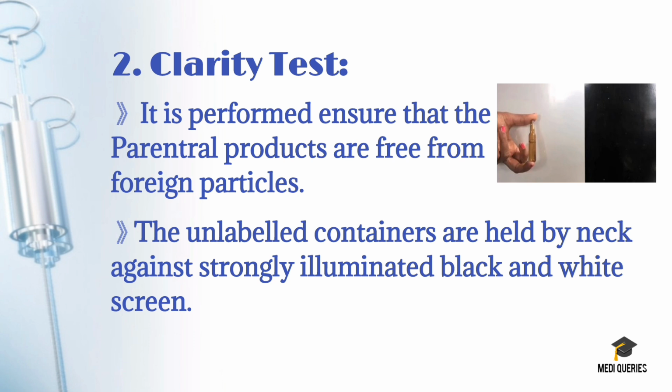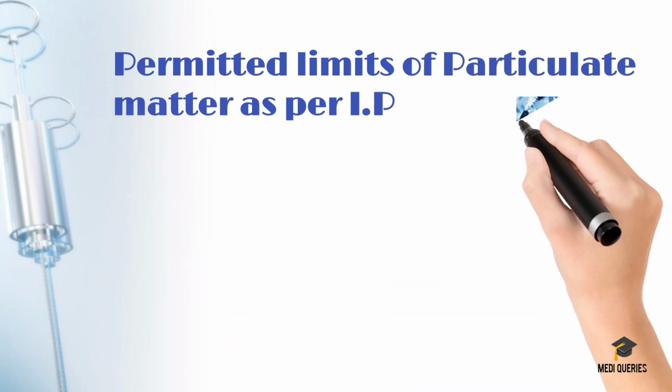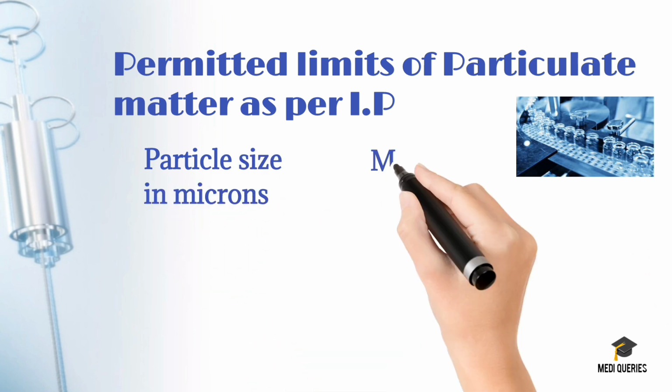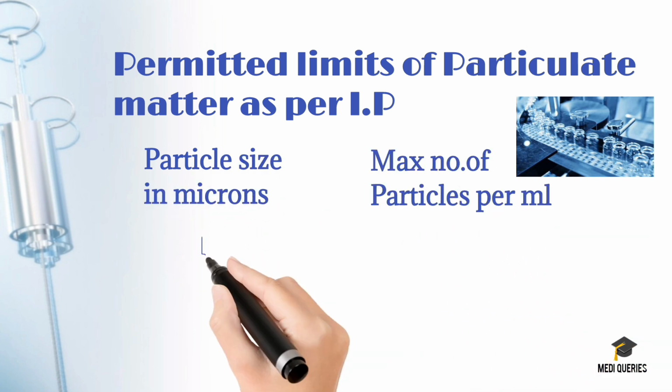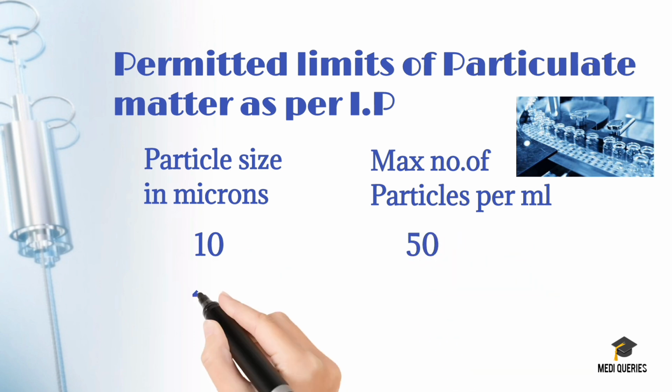Nowadays, various instrumental methods such as the Coulter counter have been developed, which are widely used in industries. All parenteral products must be sterile. They should be free from pyrogens and particulate matter. Particulate matter is defined as unwanted mobile insoluble matter, other than gas bubbles, present in the given product.